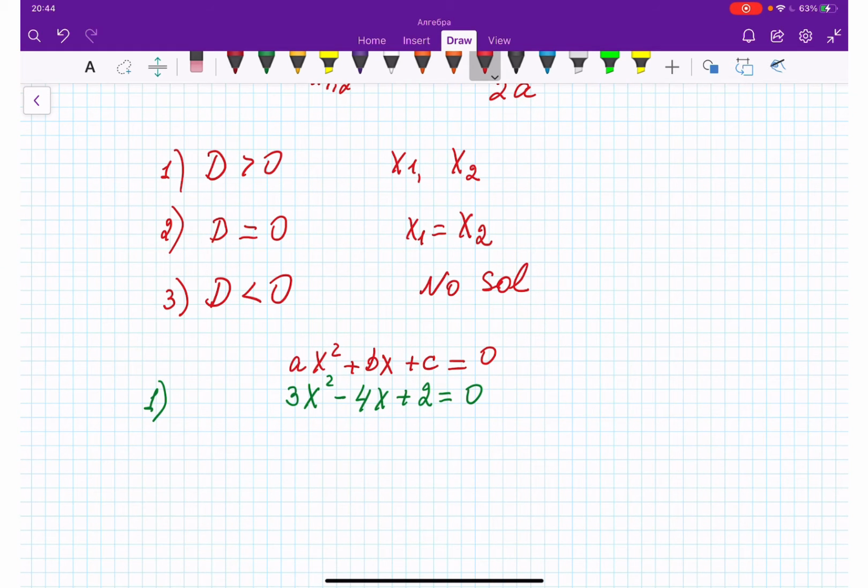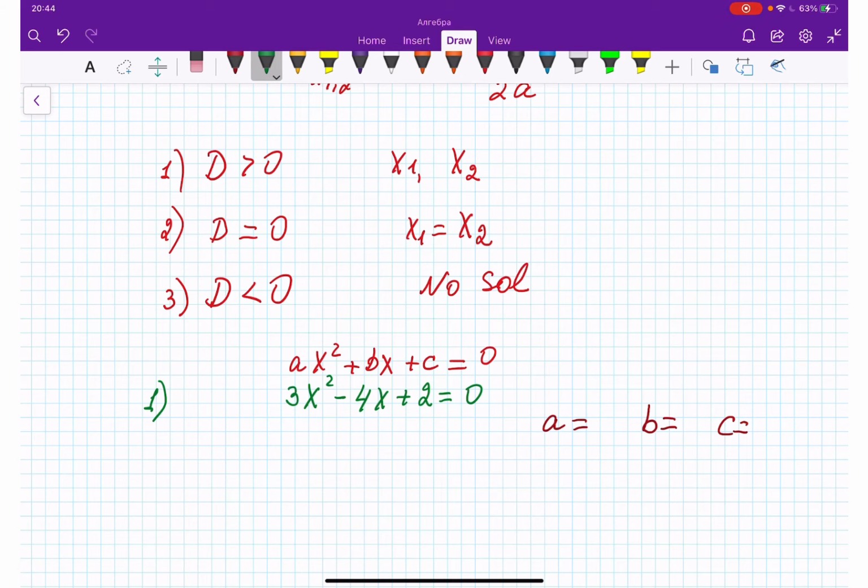To make it easy to solve, let me write down each coefficient, a, b, and c.